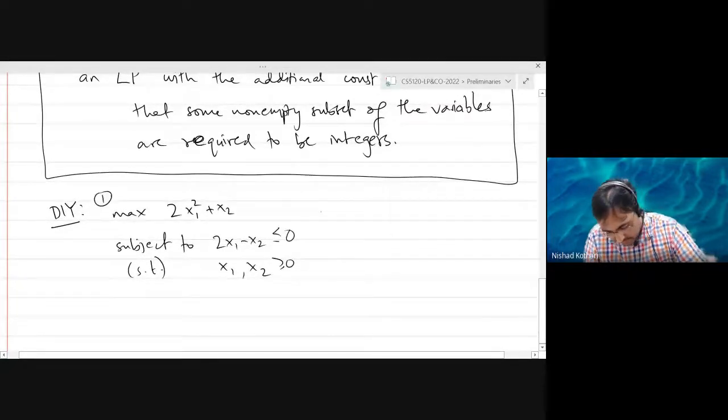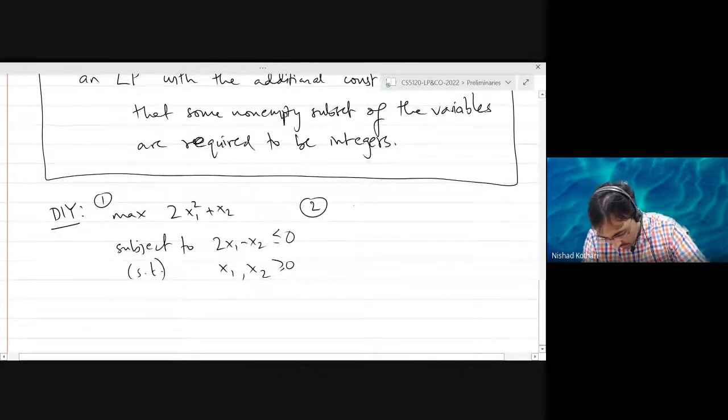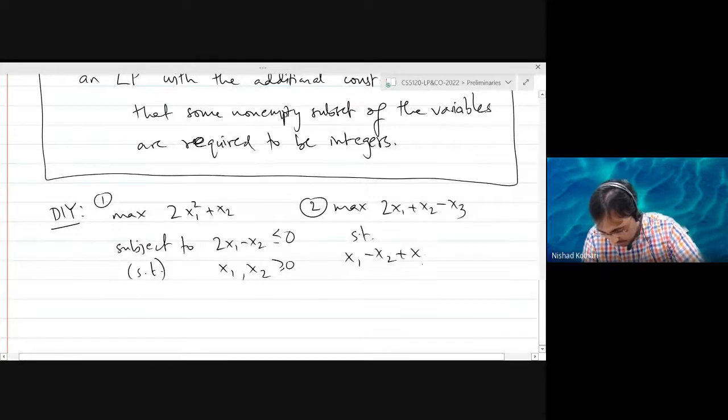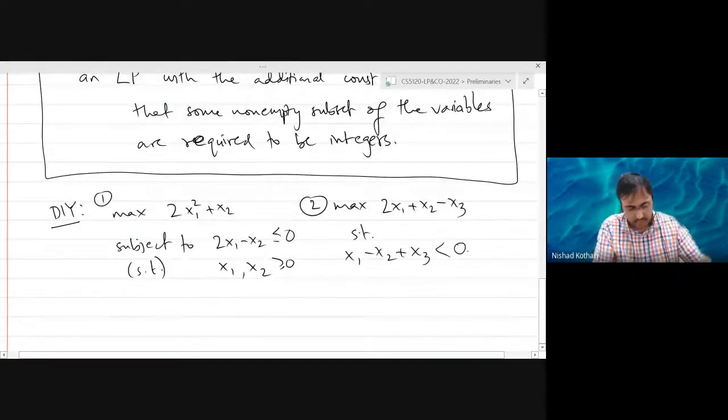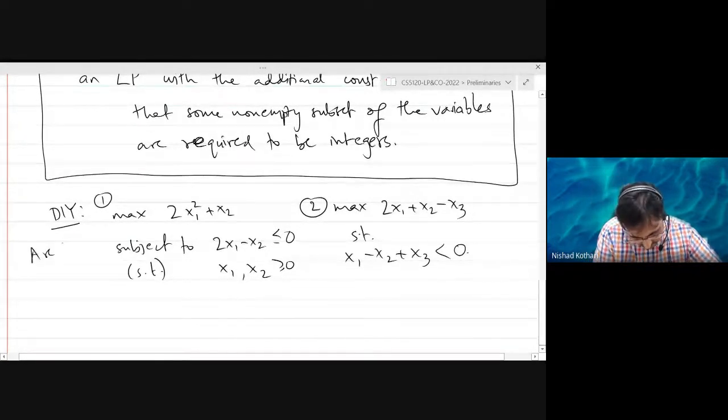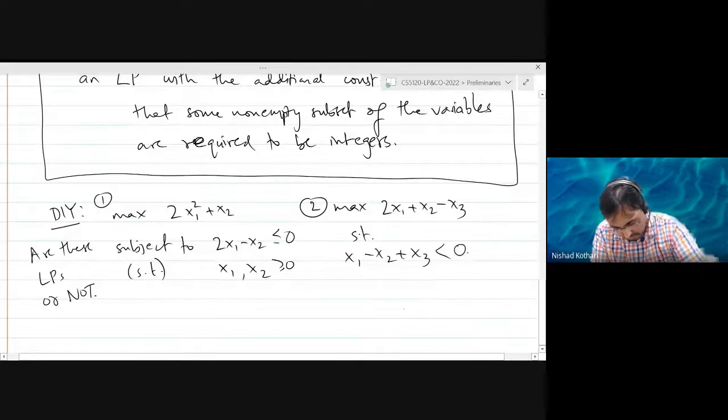And the second one is, okay, so are these LPs or not?